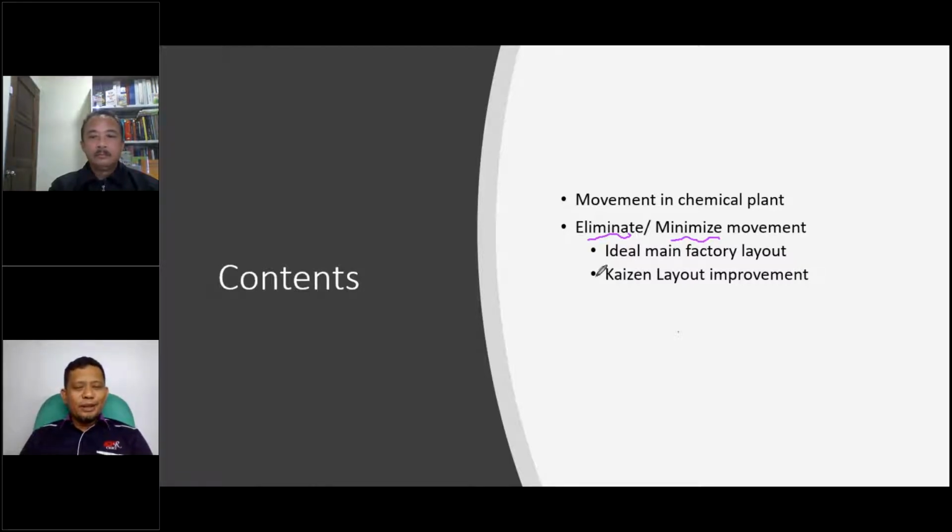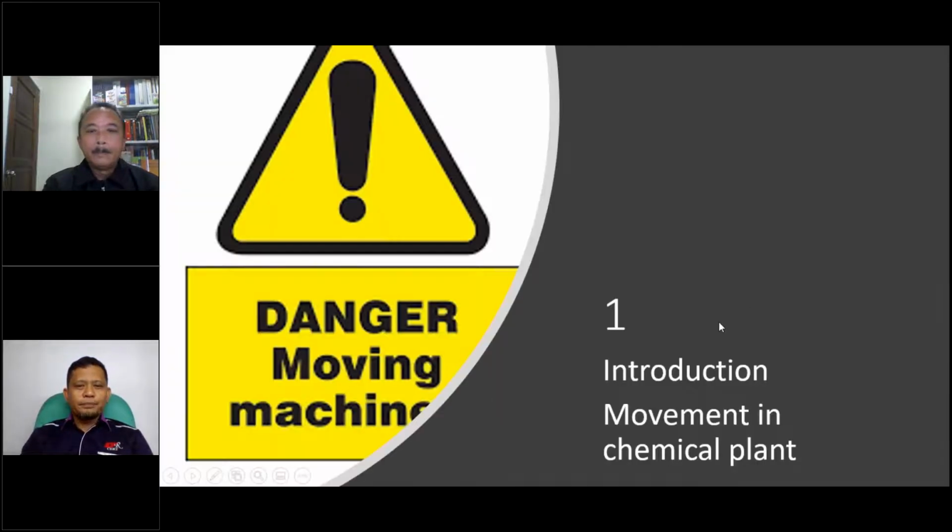So the content here is the main issue, the ideal manufacturing layout, and the kaizen implemented for layout improvements. So, are you ready? Let's move to the first topic about the issue.